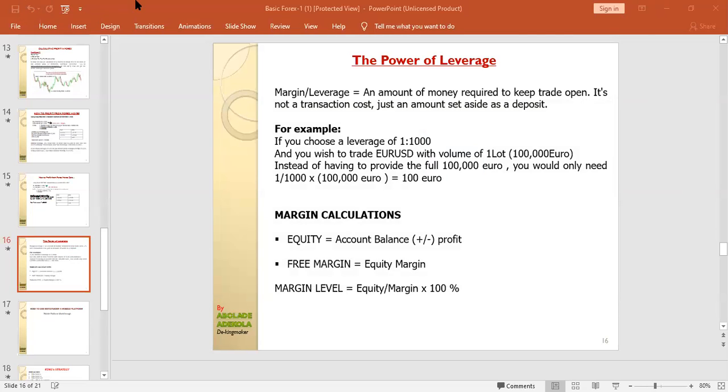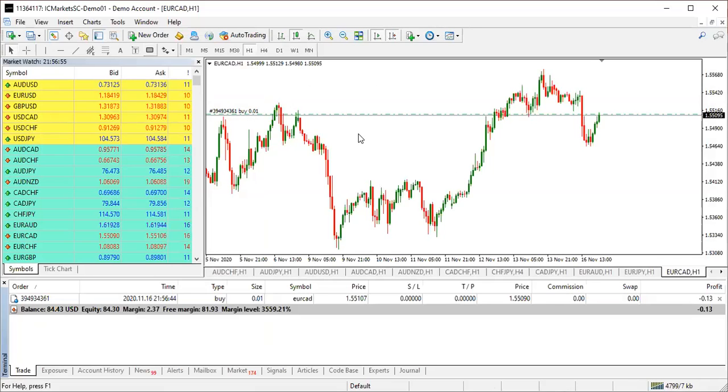I just want to show us, okay, I've taken a trade so that we can have the opportunity of seeing how this works. Let me share my chart with you guys. I hope you can see my chart. So now, you can see we have balance, equity, margin, free margin and margin level. Now, how does this work?